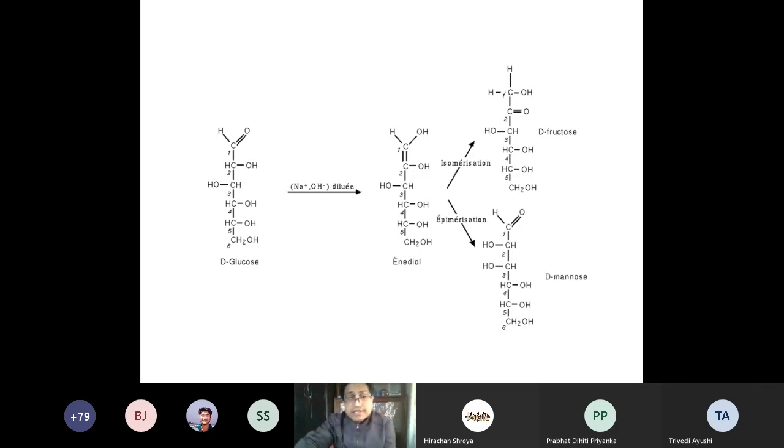You can see here is the double bond, and through the formation of this enediol, it can form fructose as well as mannose. Glucose and fructose are isomers. Glucose and mannose are epimers.